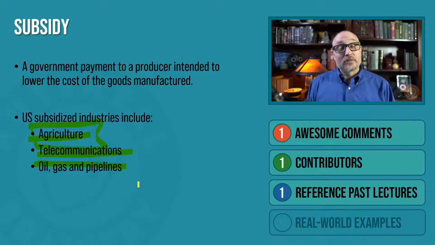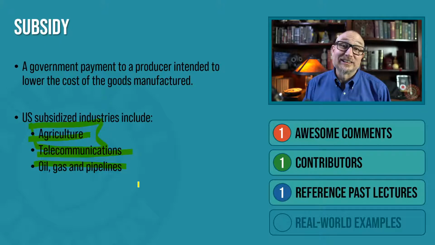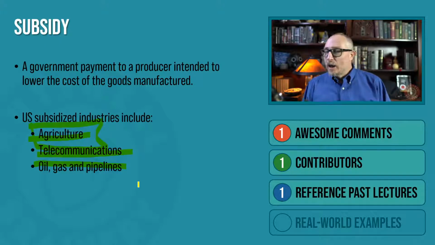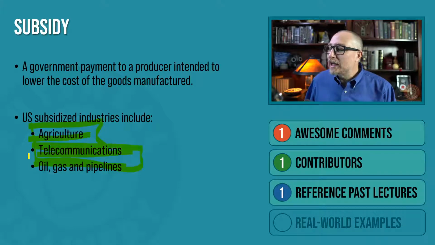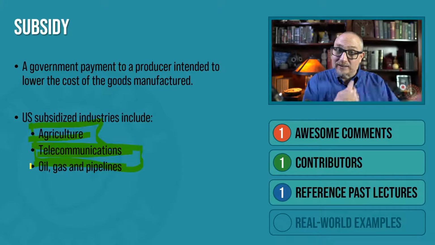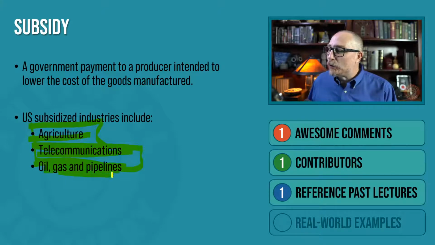The US is a very rich country. We're really rich, and so we can subsidize a lot. China's really rich. They can subsidize a lot. Okay? But then this gives unfair trade advantage. Now, telecommunications, we want everybody to have access to communication. Power, we want everybody to have access to power.